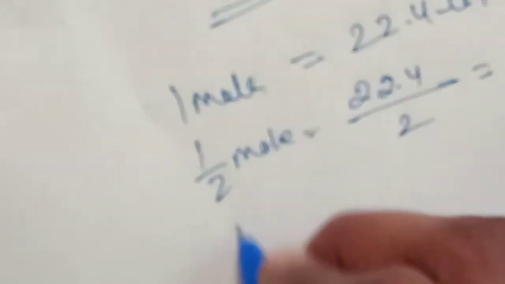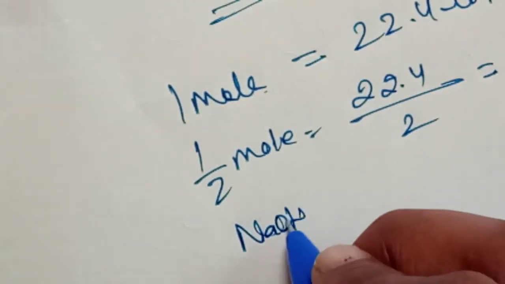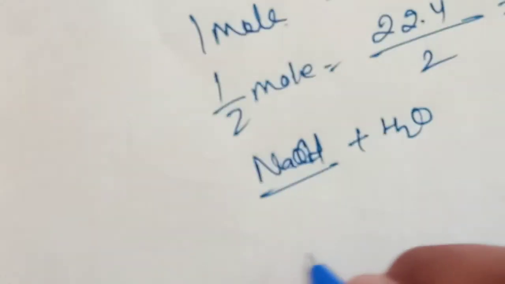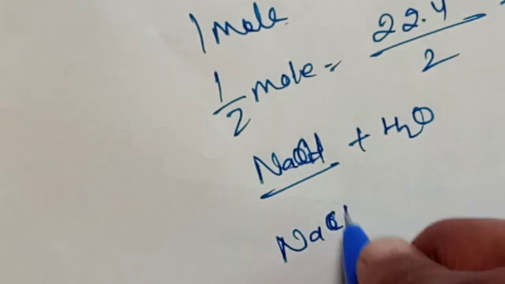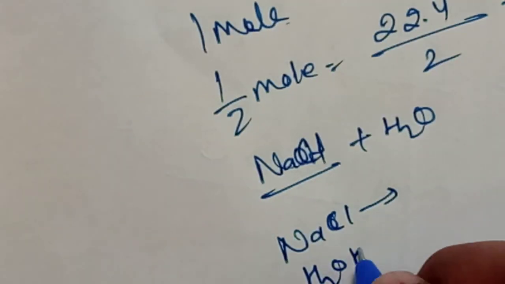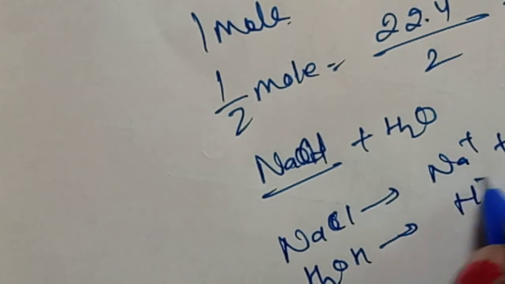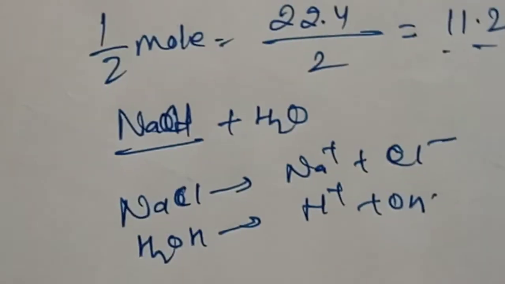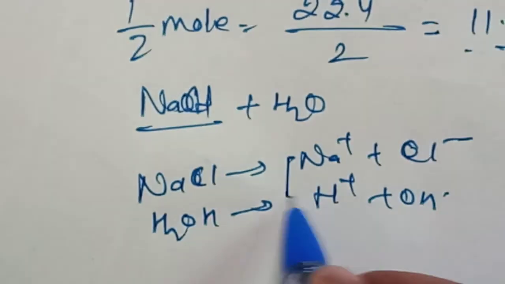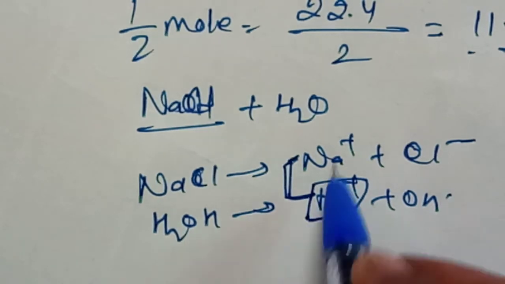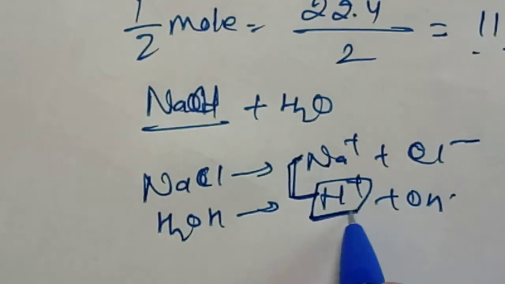But the solution is NaCl, which means H2 is also obtained. As we have discussed here, NaCl and H2O both are electrolyzed: Na+ and Cl-, H+ and OH-. Here the reduction potential of H+ is more than Na+, so H+ is reduced.